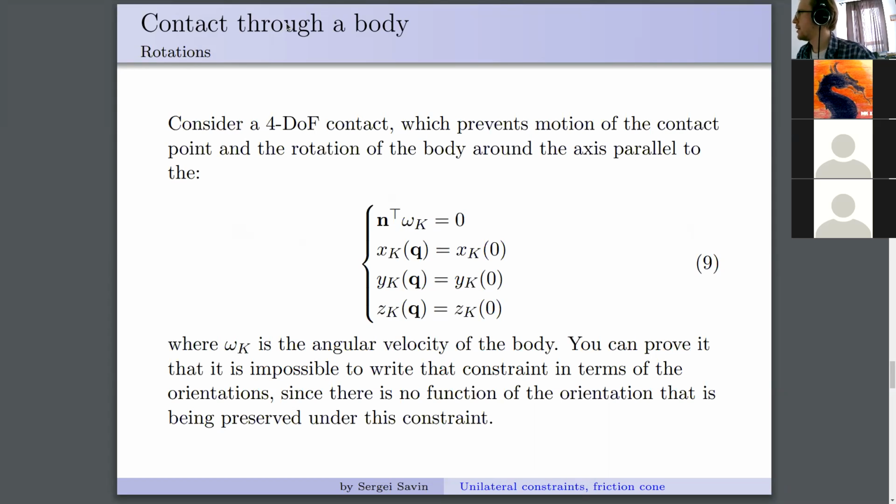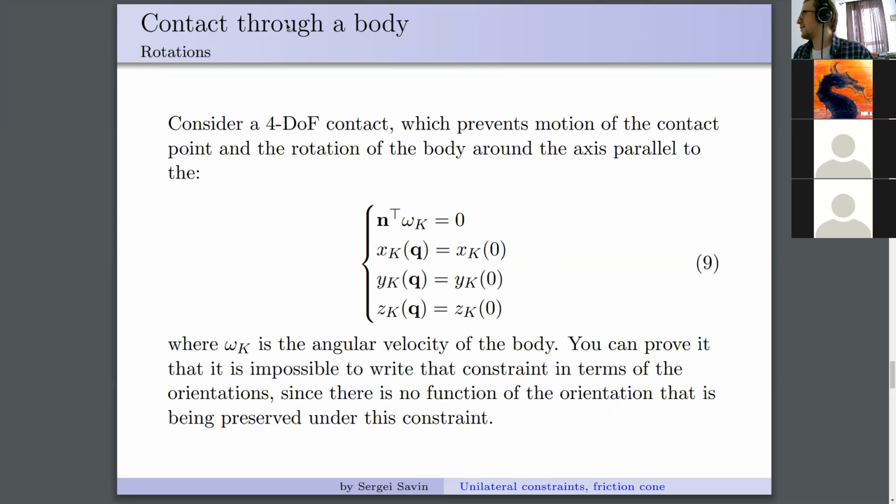This requires that omega projection onto the normal direction is 0, which means that the body cannot rotate along this direction. This is a 4 degree of freedom contact, so it takes away 4 degrees of freedom.